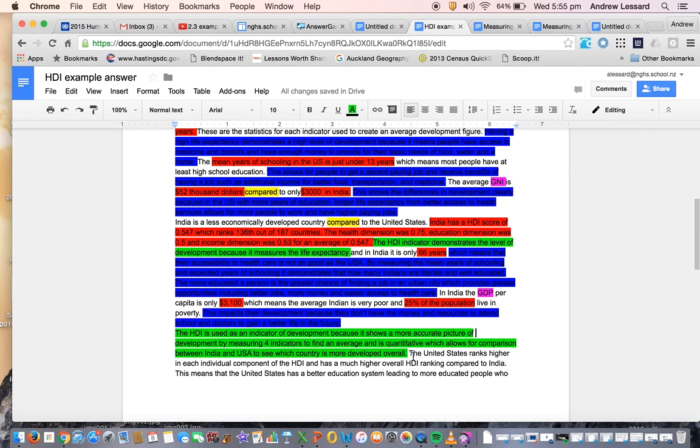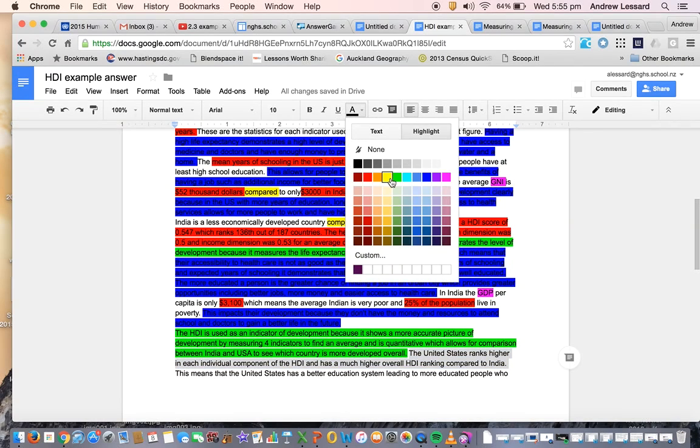And because the whole question is about comparing, there's a few sentences here saying the United States ranks higher in each individual component of the HDI and has an overall higher grade than India. Okay, so that's all comparisons.